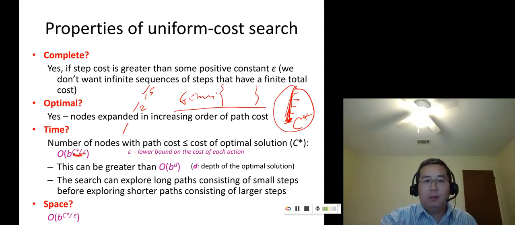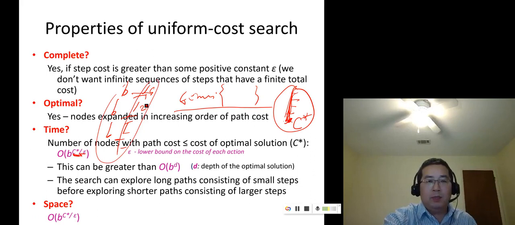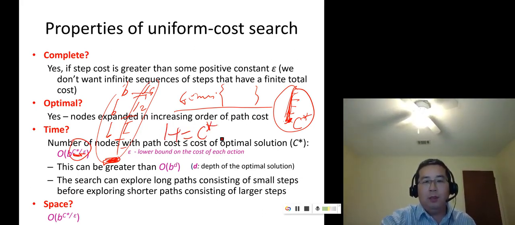So at most this number of layers, and each layer, the branching factor is b. Then the number of nodes is based on the height. So the height at most is C star over epsilon.